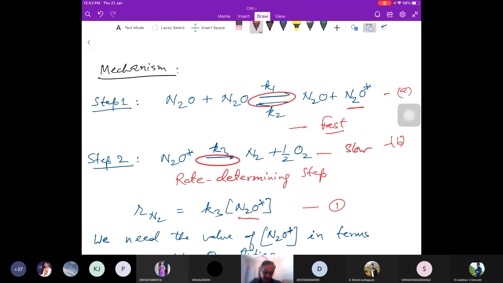Formation यहाँ पर हो रहा है first step में forward reaction, consumption reverse reaction, plus consumption is in step 2 also, right? So forward reaction plus, reverse reaction minus, and second step minus, then only will we get the rate of change of intermediate with time.